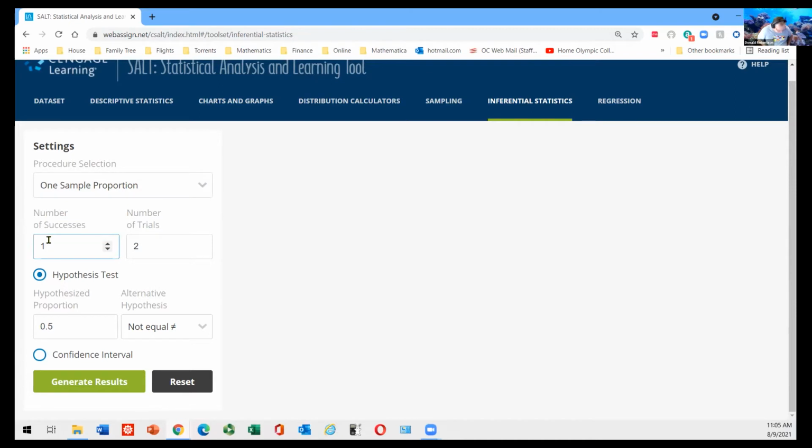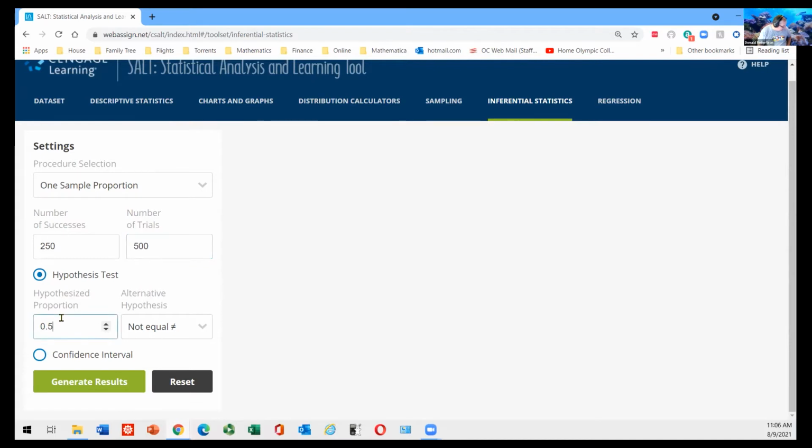So it's phrased as the number of successes. In this story, wasn't it 250 out of 500? Are you comfortable about where I got those numbers from? That's where the sample goes, right? 250 out of 500, right?